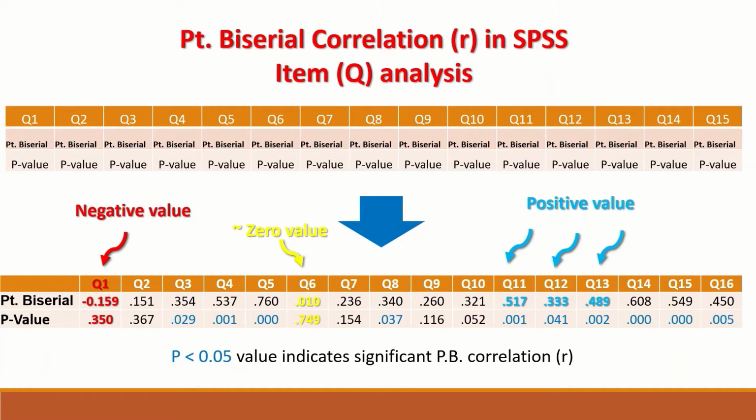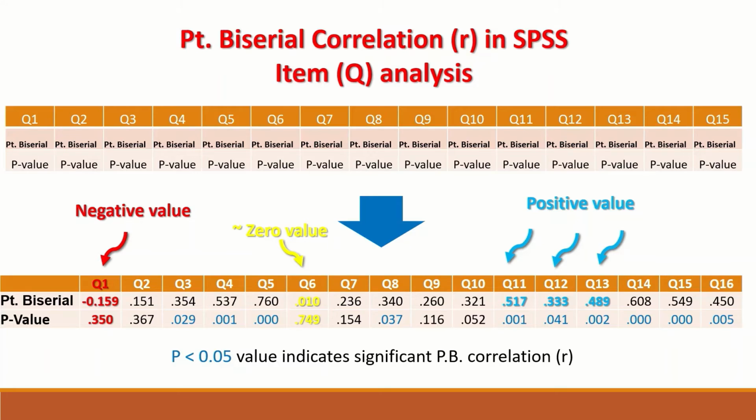If we look at questions number 11, 12 and 13, we can see that the R value is very high, 0.51 for question number 11, and the P value is less than 0.05. So question number 11 is a very good question in discriminating between students, categorized as a very good question.